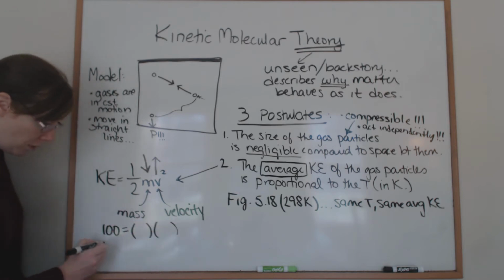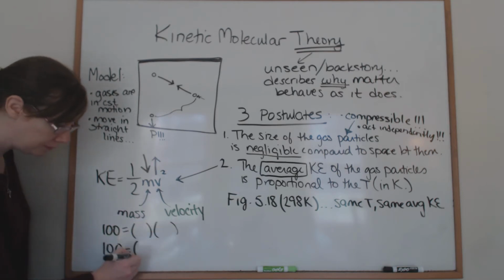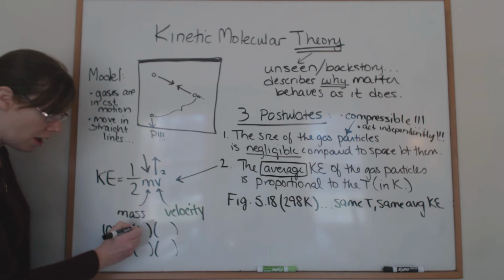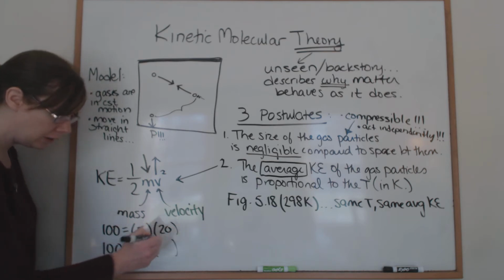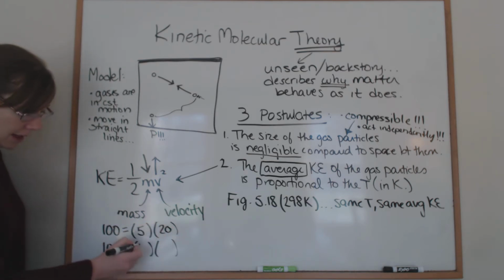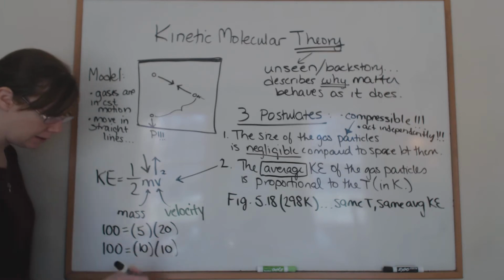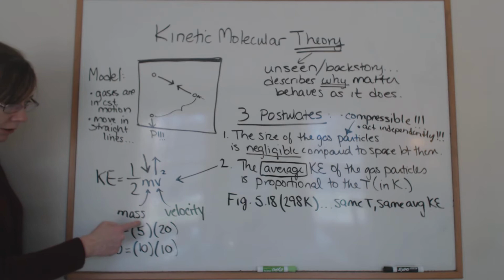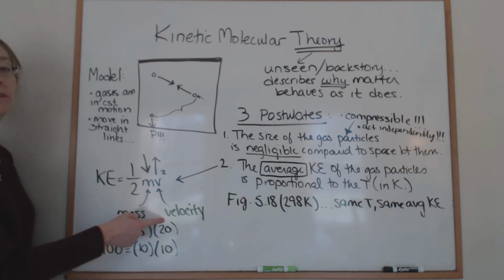I'll just put the number 100. Let's think of two numbers that get multiplied to make 100. So let's go 5 and 20, and then 10 and 10. What I'm trying to say is that the ones with the smaller mass, in this case the number 5, will have to have a greater velocity, in this case the number 20.